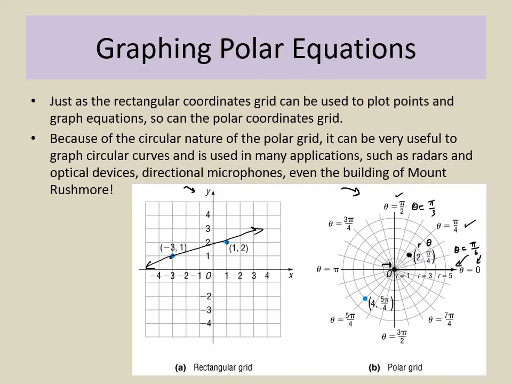So theta is the angle, and the grid here certainly gives us all of the angles. Theta equals pi. So any point that we graph on the grid has its own theta.